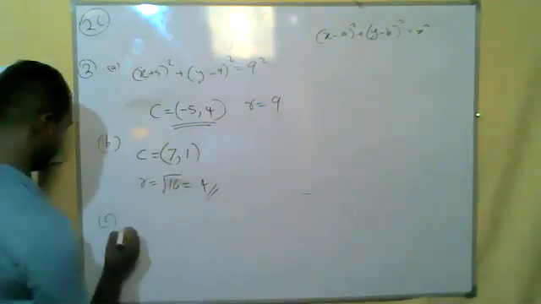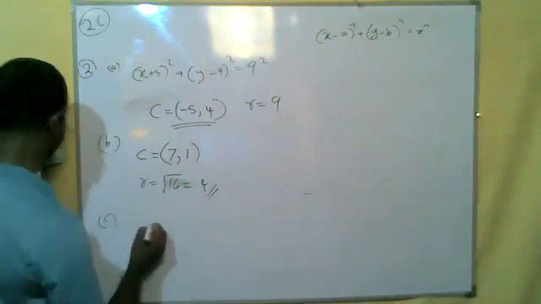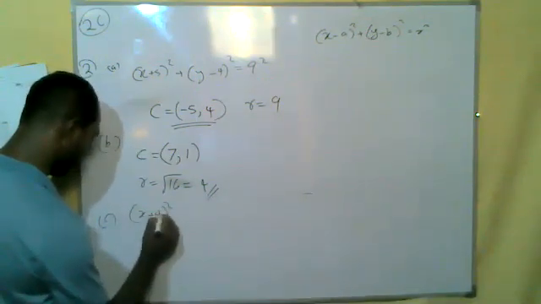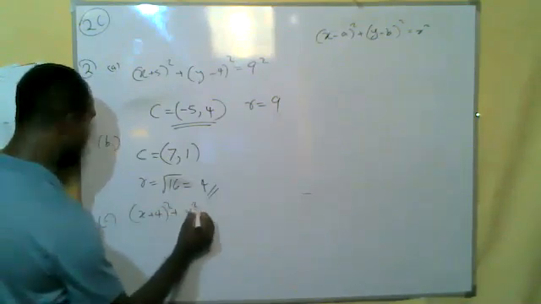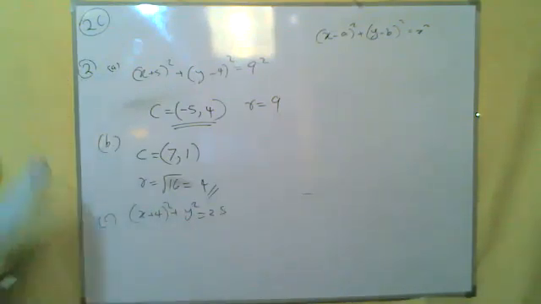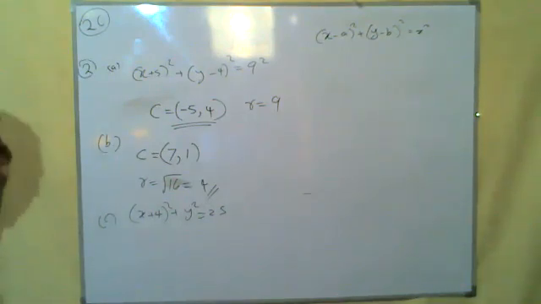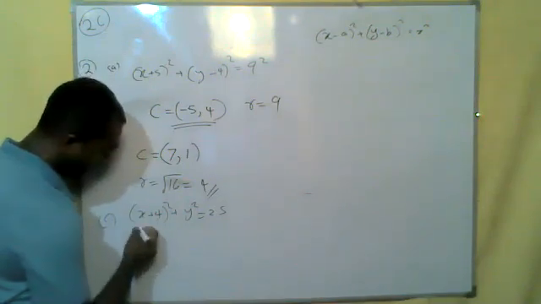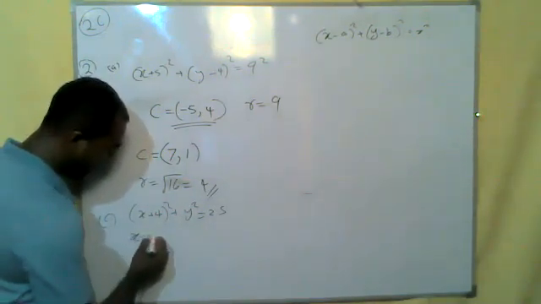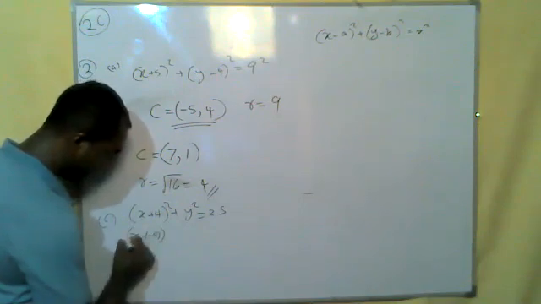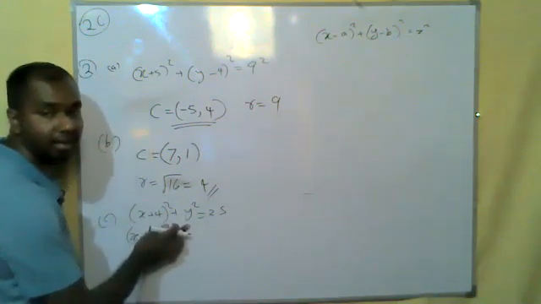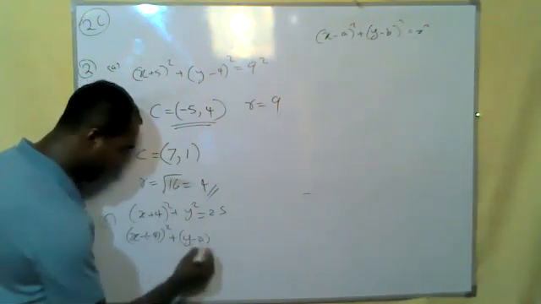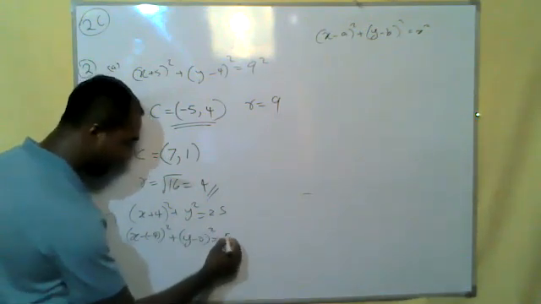And see, we have (x plus 4) to the power 2 plus y squared equals 25. How can we take this into standard format? Now we can write this as x minus minus 4 to the power 2. Here we have nothing with y, that means we can put a 0, like (y minus 0) to the power 2 equals 5 to the power 2.